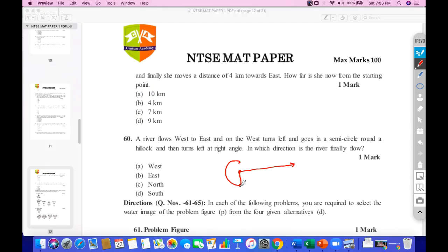Acha, here only it goes in a semicircle and then turns left at a right angle. So here it turns in a semicircle like this, and then turns left.